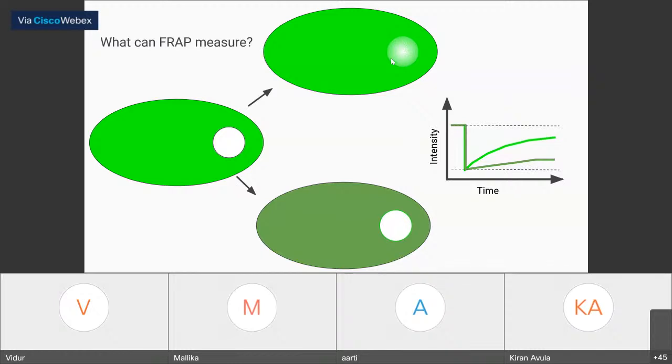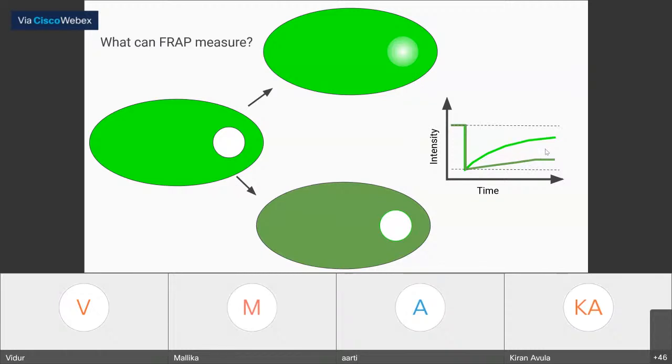If you quantify the intensity in this region of interest over time, what you can have is two different curves. In the top one, which is highlighted by light green, you can have a fast recovery. And in the dark green one, you can have a slow recovery. That is one parameter that distinguishes the two, let's say, wild type versus mutant, or two different proteins.